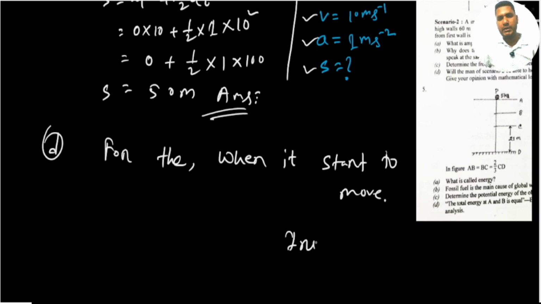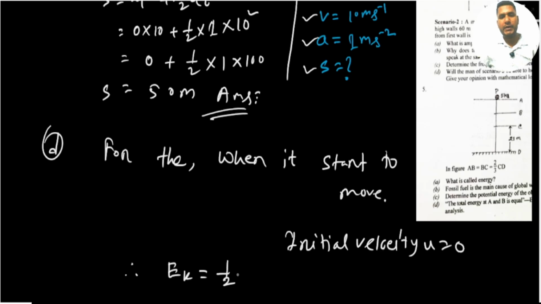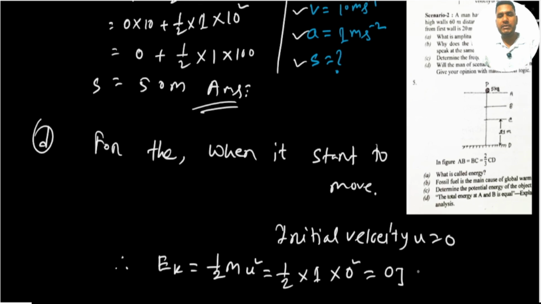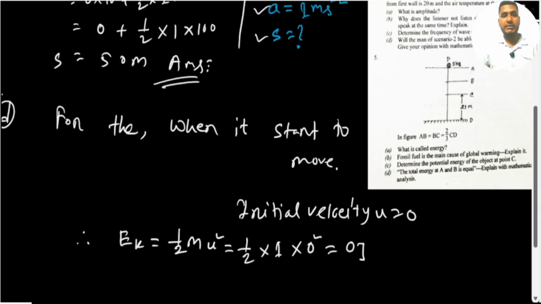Here initial velocity u equals 0. So kinetic energy for this case, Ek equals half m u square, will be 0. Half into mass of that object is 1 kg and initial velocity is 0 square, equal 0 joule. So kinetic energy is 0 joule for this case.